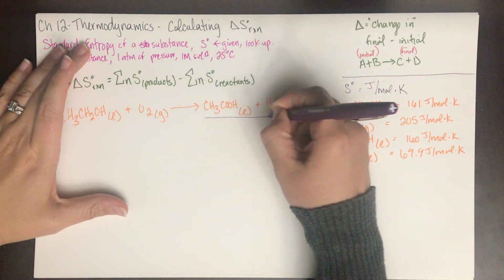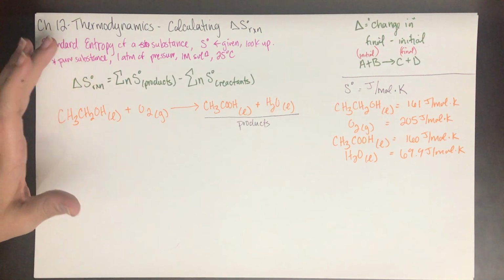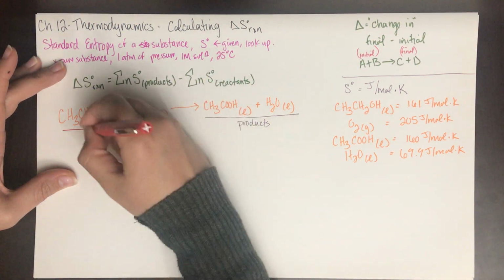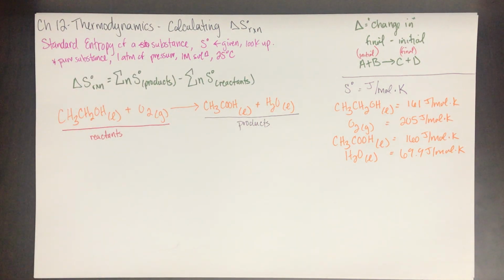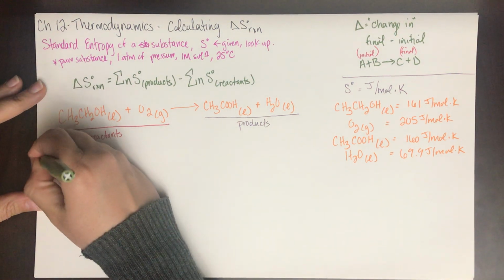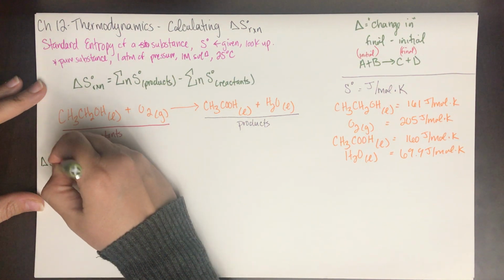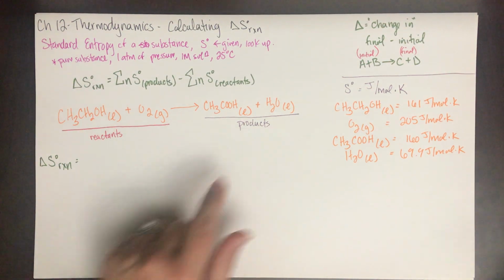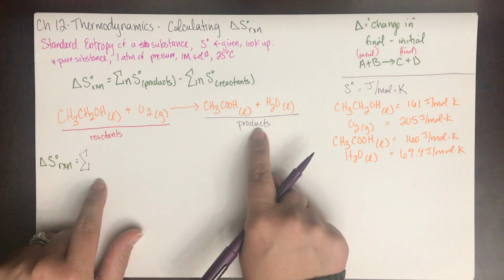So here are my products, and here are my reactants. Okay. So I'm going to say delta S, the standard entropy change of this reaction, equals products, the sum of the number of moles.